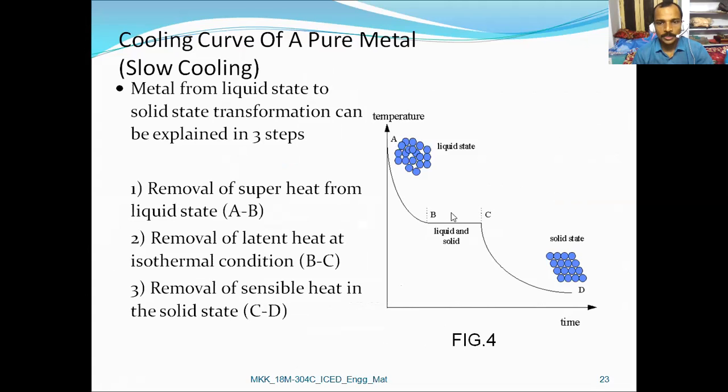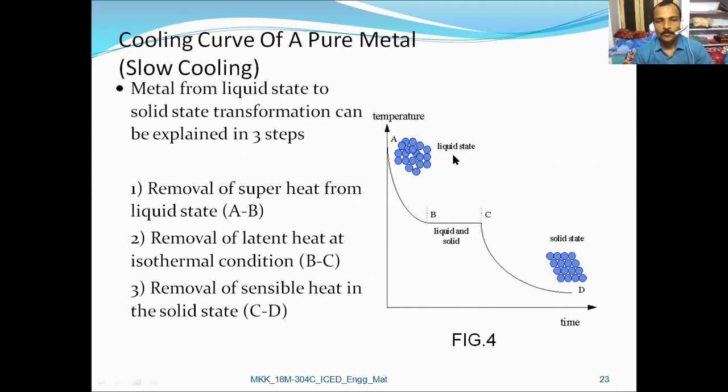Whenever the superheat is removed up to B, then from B to C, latent heat is removed at isothermal condition, where liquid and solid states are available. Whereas removal of sensible heat in the solid state, that is from C to D.